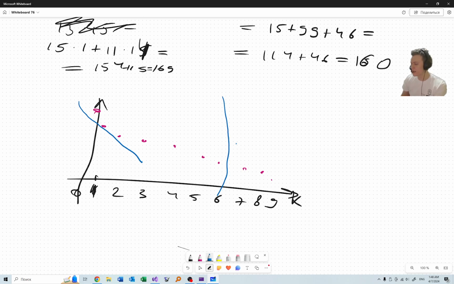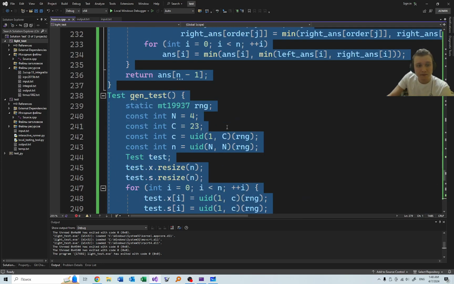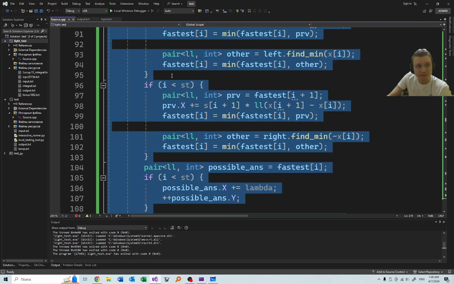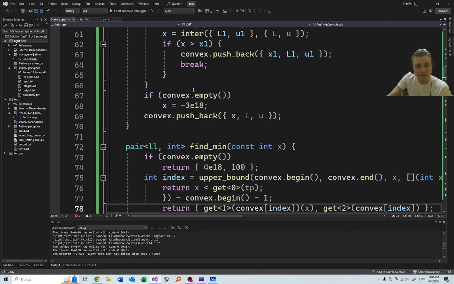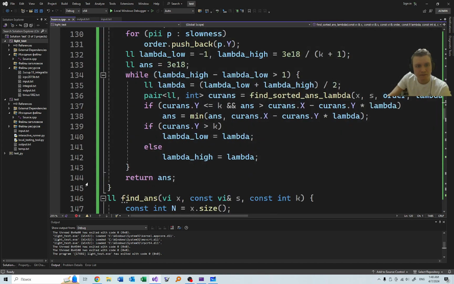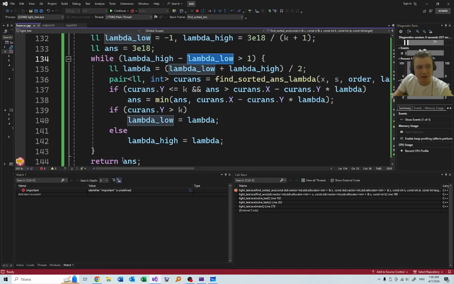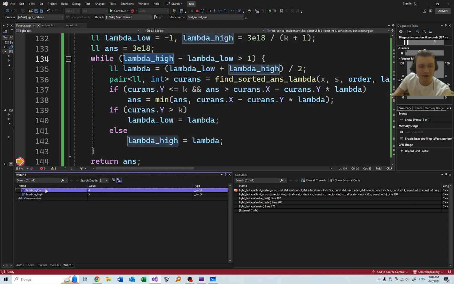Well, I don't understand what happened. What happened on this test? Well, in the end, it found some lambdas. Lambda low is 4 and lambda high is 5. But lambda low gives an answer which is too big, I think.